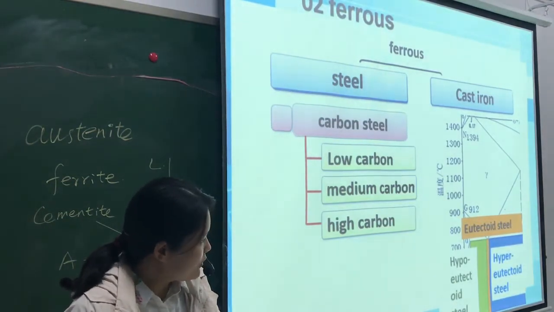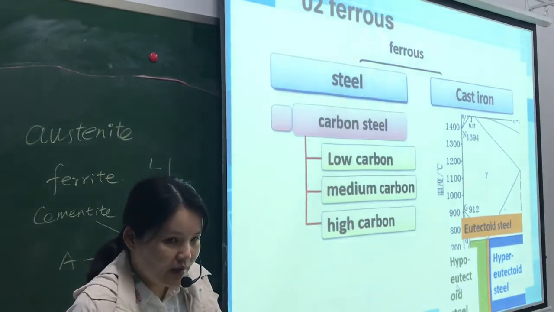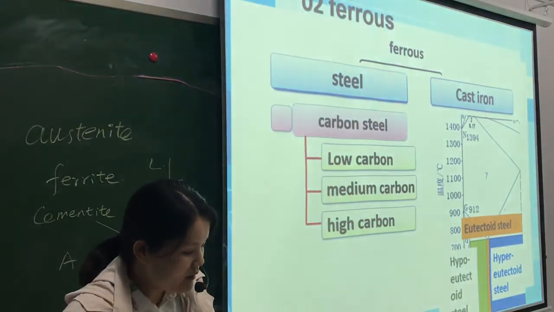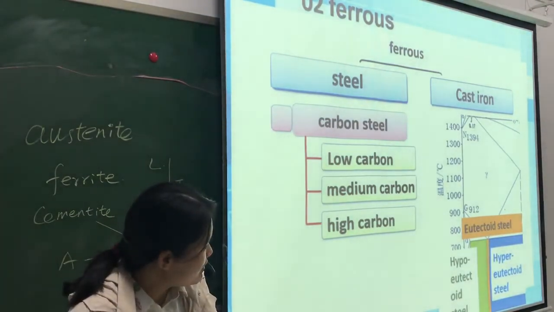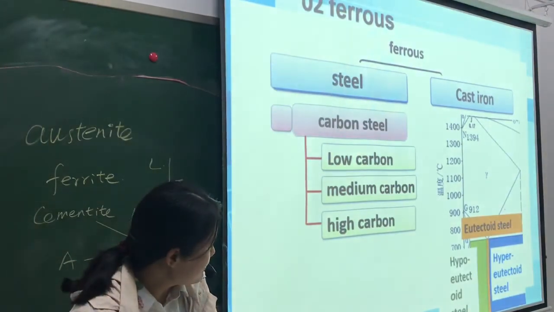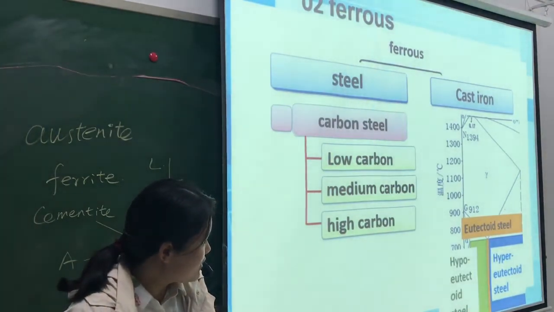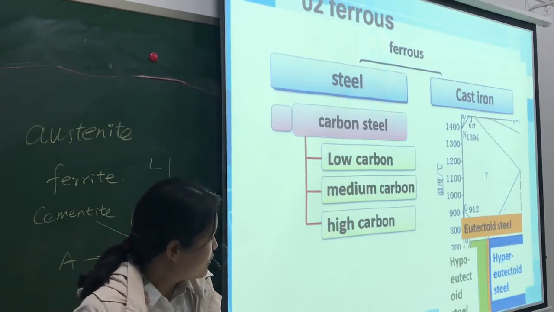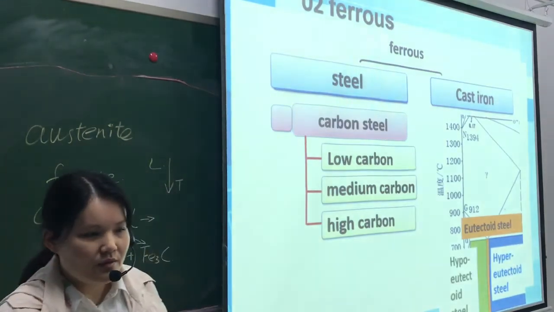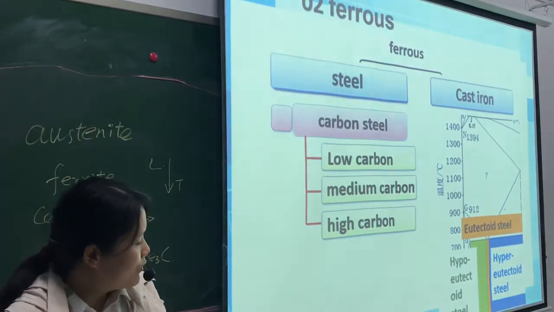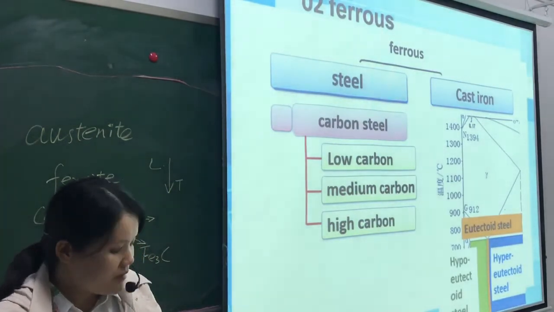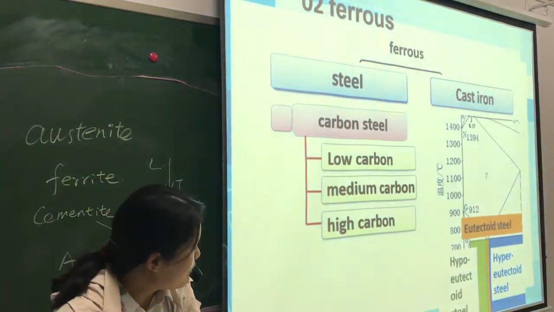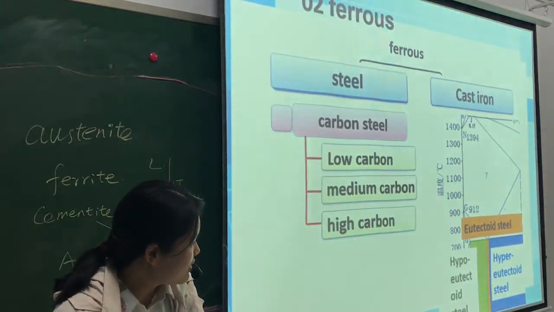In this area, the carbon content is less than 0.77%, and we call them hypoeutectoid steel. And in this area, the carbon content is between 0.77% and 2.11%. We call them hypereutectoid steel.